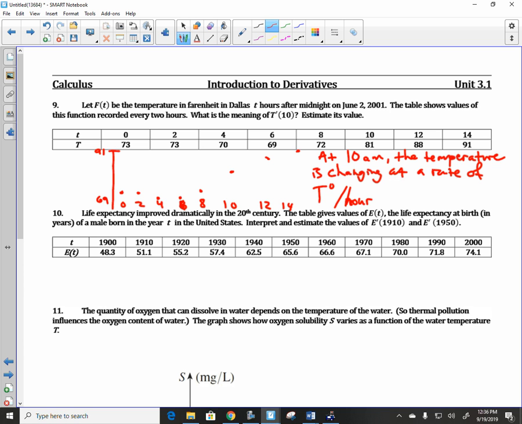So our measurement is in hours. We're now going to estimate T prime of 10.